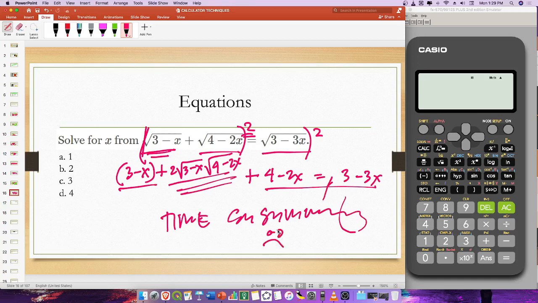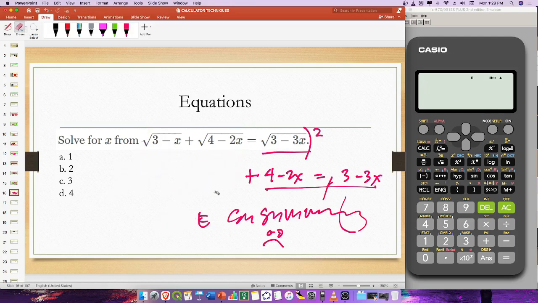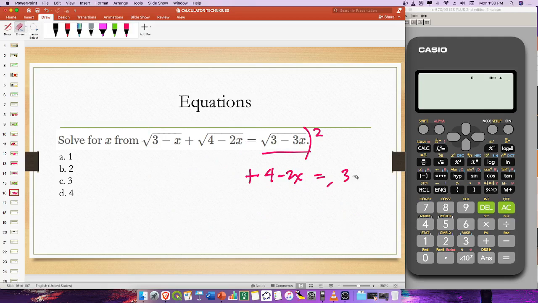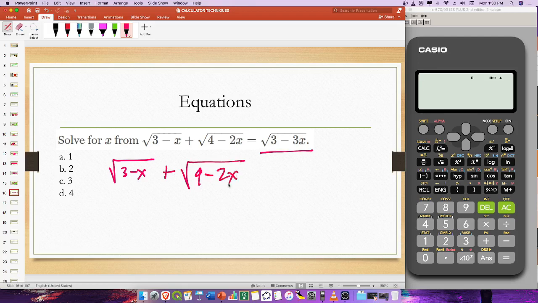Now I will show you how to solve this the easy way. The easy way is to transpose this term to the other side of the equation, leaving you square root of 3 minus x plus square root of 4 minus 2x minus square root of 3 minus 3x equals 0.